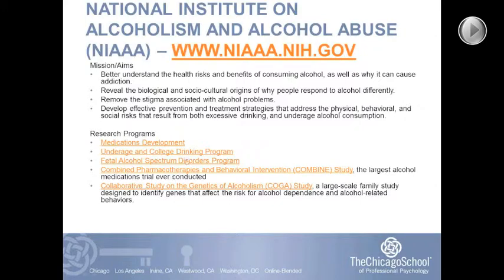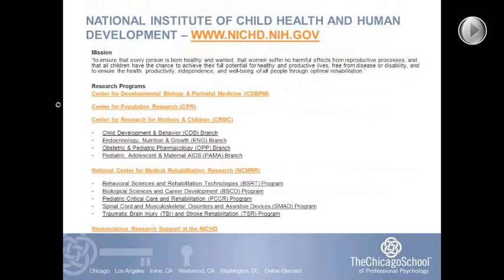So just to give you a brief overview of each of these, Child Health and Human Development, similarly, has sections and centers that may not be behavioral in focus directly, but then there are also others, such as a focus on traumatic brain injury, where they may have a very direct link to behavioral and mental health study and research.